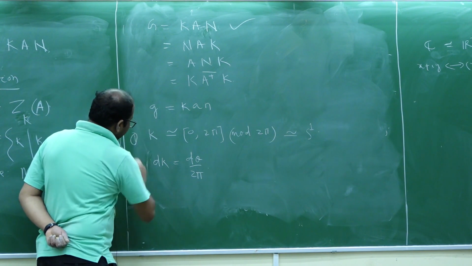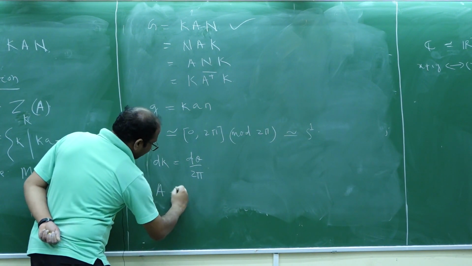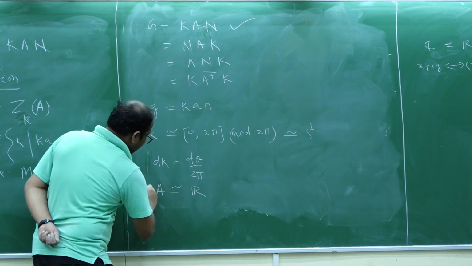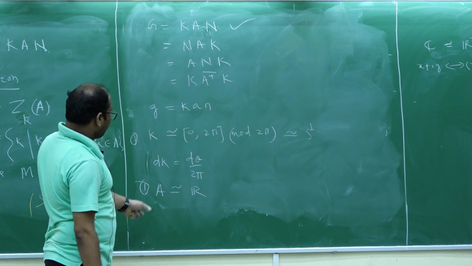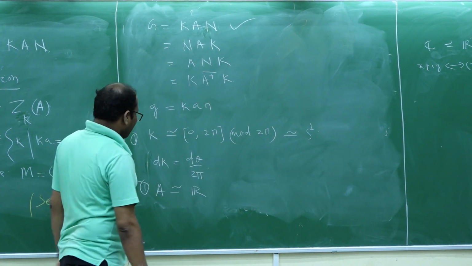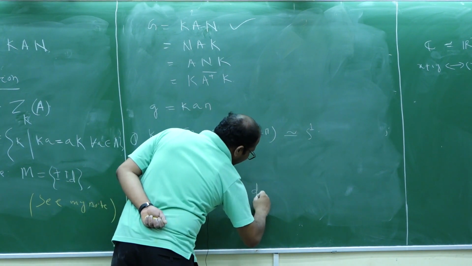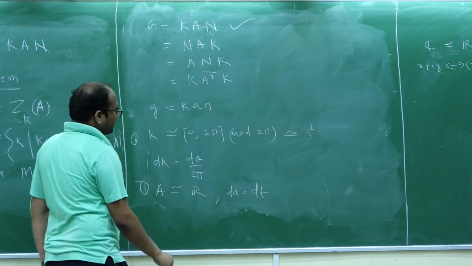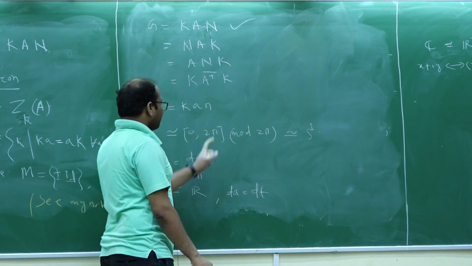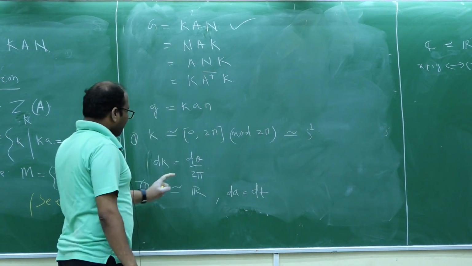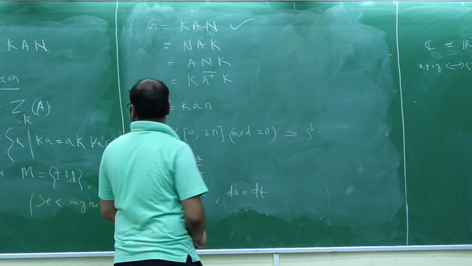Similarly, this A is isomorphic to R, so you can take the measure dA, which is nothing but the usual Lebesgue measure dt. So dk is the measure on K and dA is the measure on A.